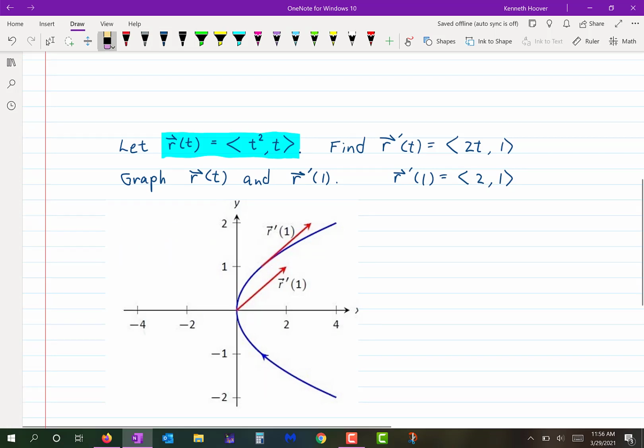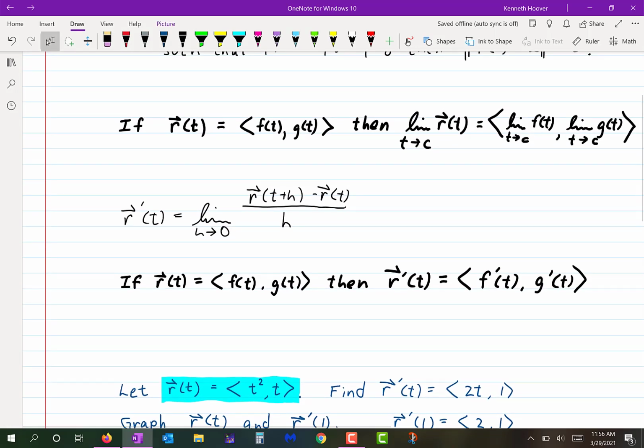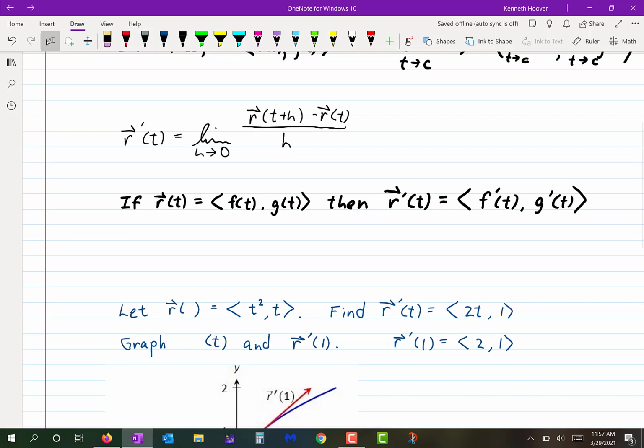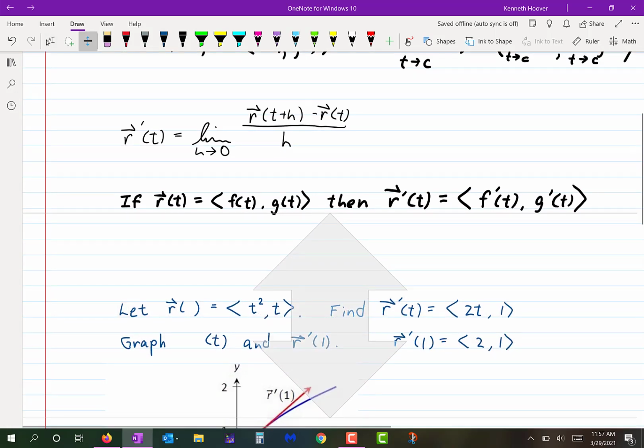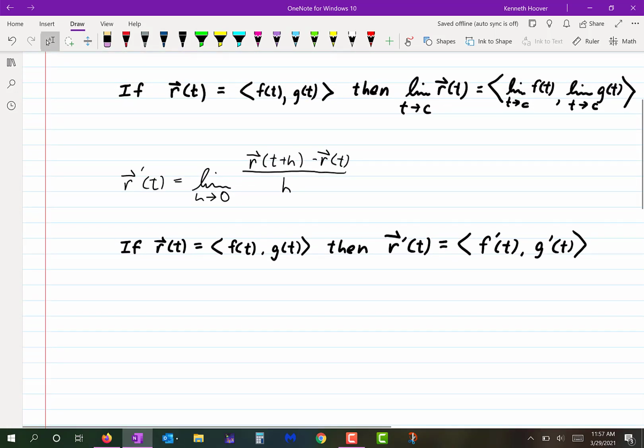integrals are just as easy. Let's add some space in here. We could do the whole Riemann sum business here, but we don't have to.